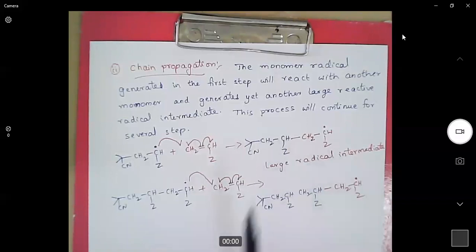So that is why it is called chain growth polymerization. In each and every step, one monomer will be added to the radical so that the length of the chain will increase. Now this propagation step will continue until it becomes a reasonable size.